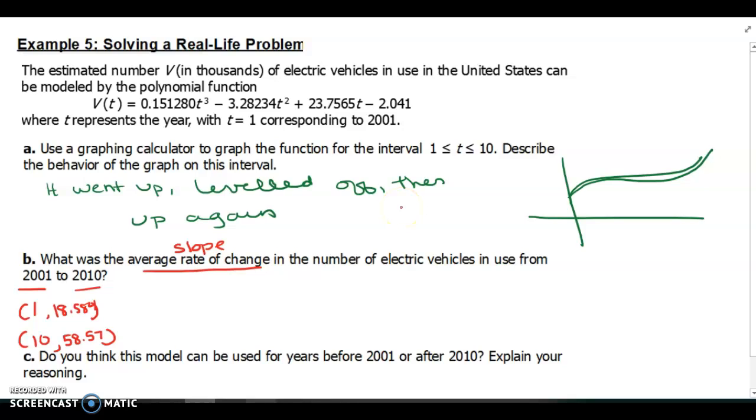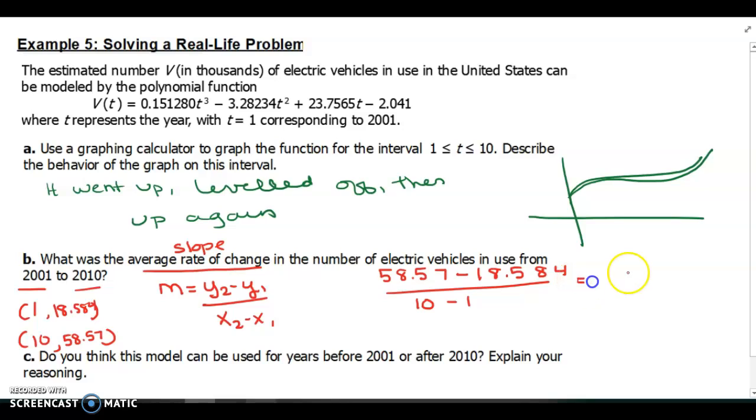All right, to find the slope between those 2 points, remember slope is y2 minus y1 over x2 minus x1. So I'm going to say 58.57 minus 18.584 over 10 minus 1.